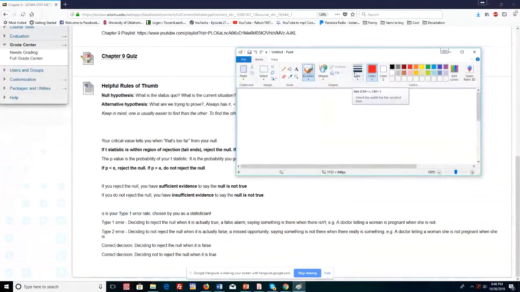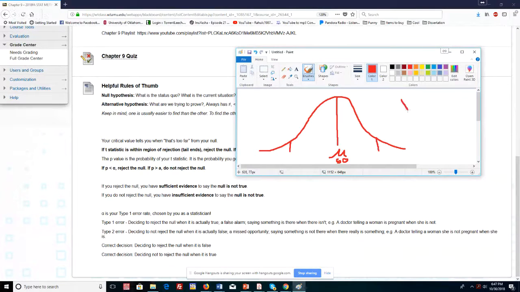So, for example, say our null hypothesis is that the mean age is 50. Your critical value tells you when we should reject our null. So say we collect a sample and we get that the average age is 20.